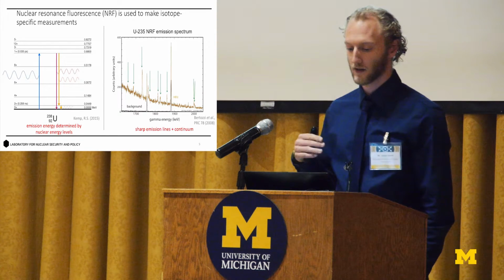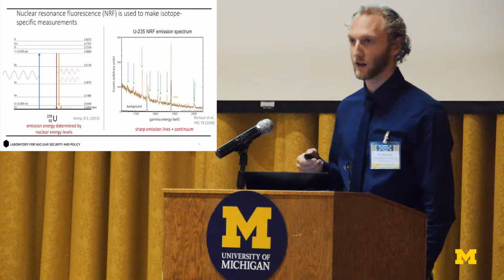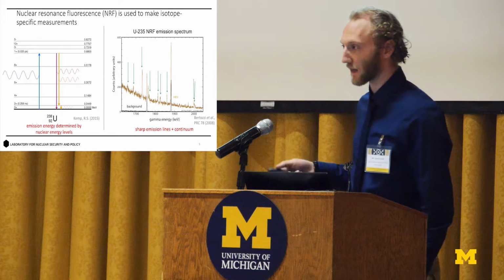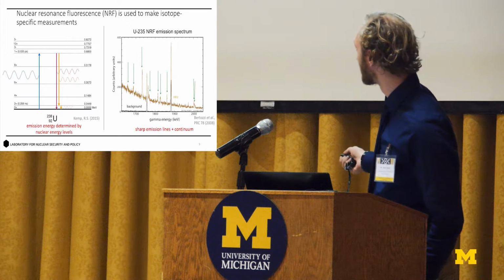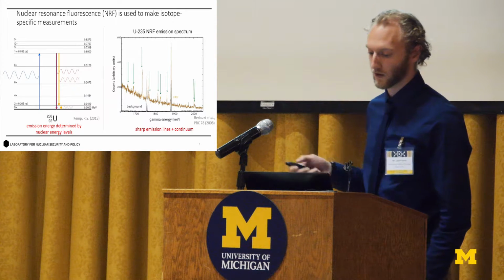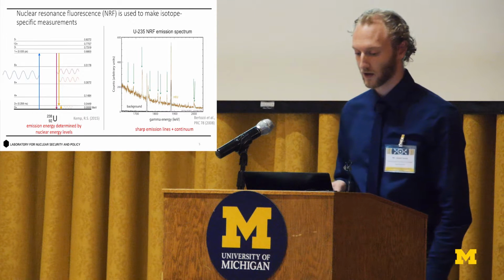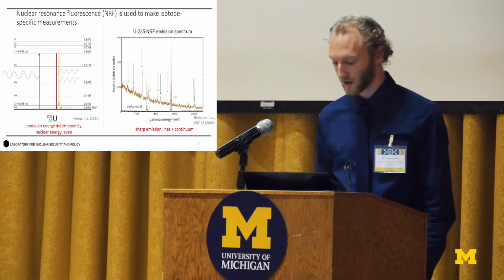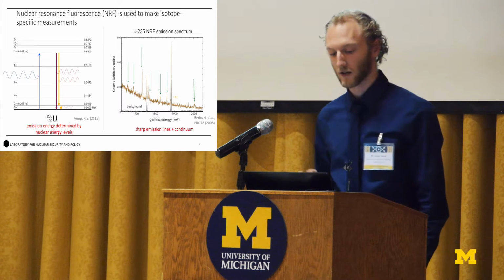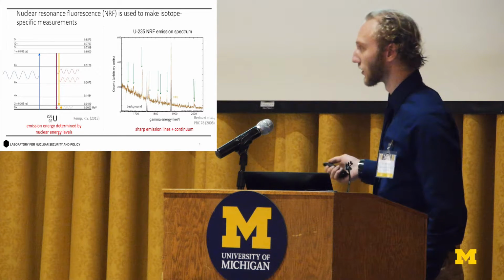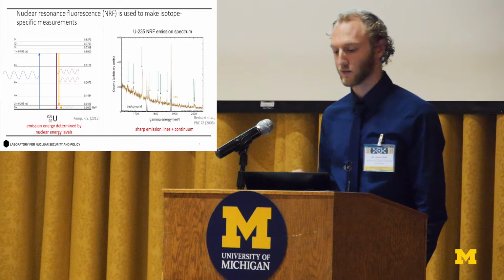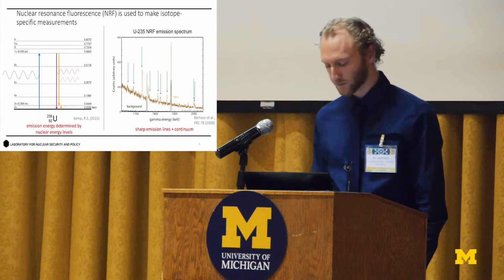The nucleus then decays very quickly, emitting a photon en route back to its ground state. And that decay can proceed either directly to the ground state, emitting a photon very close in energy to the initial photon, or through an intermediate state, emitting a slightly lower energy photon. But the important thing to consider here is that the emission energy of that photon is determined by the nuclear energy levels. So you get isotope specificity in an NRF measurement.